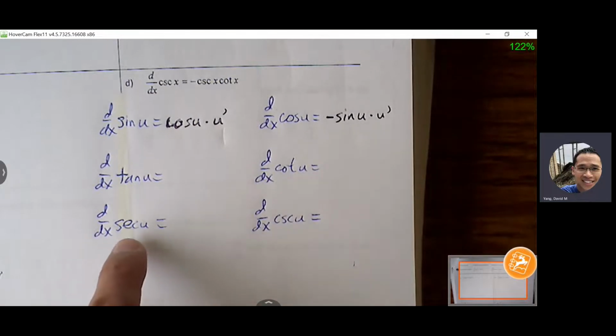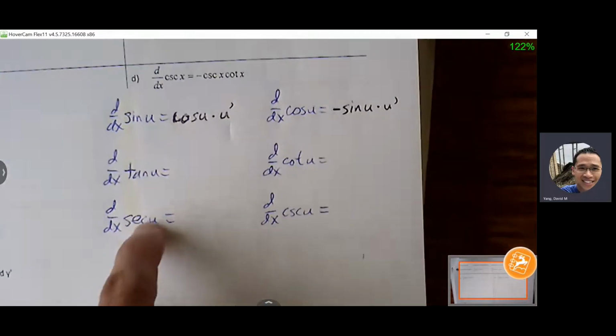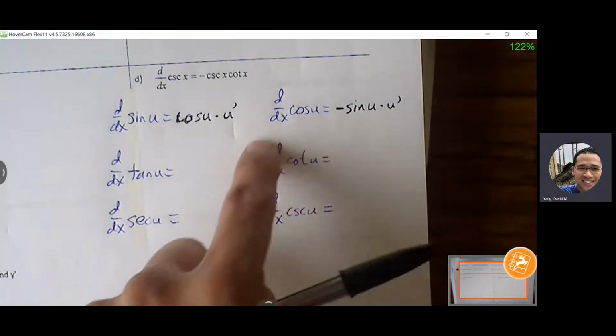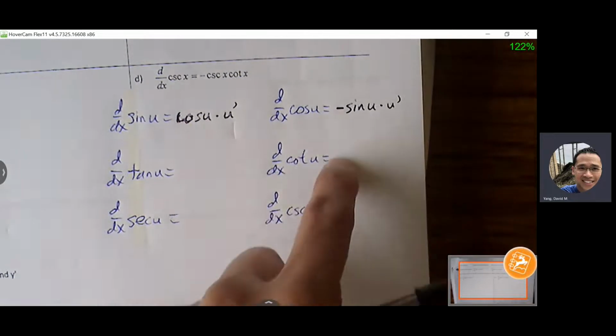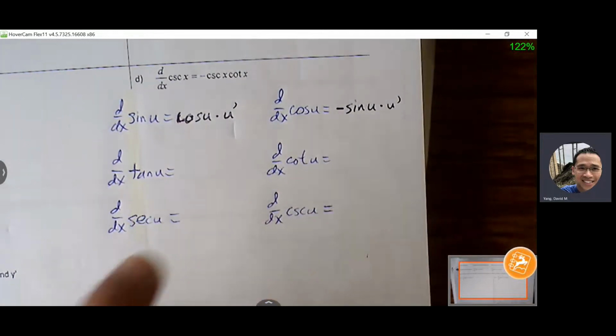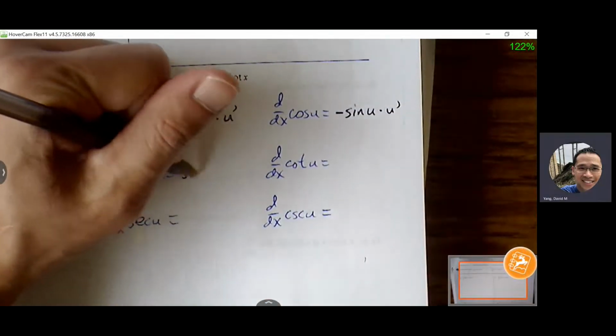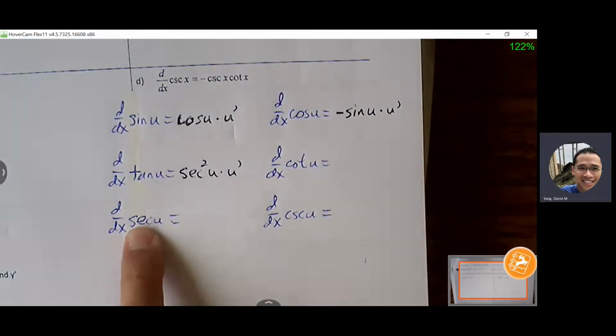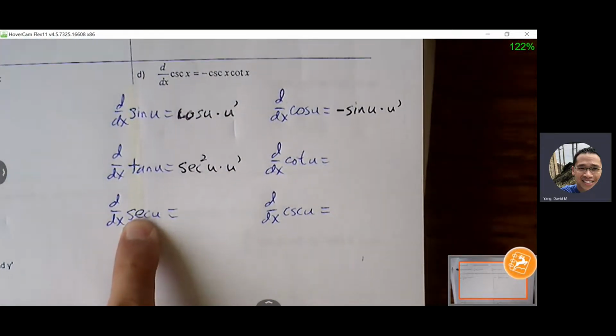And also, I like this pattern here as well, that tangent and secant's derivative are only going to involve each other. And then cotangent and cosecant's derivative will only involve each other as well. So tangent's derivative is secant squared u times u prime. It's just taking the function below it and squaring it.